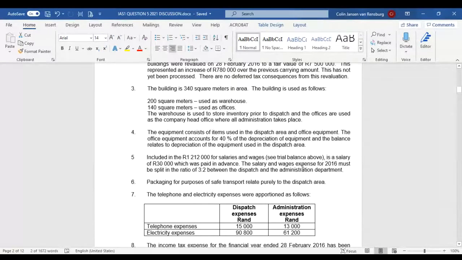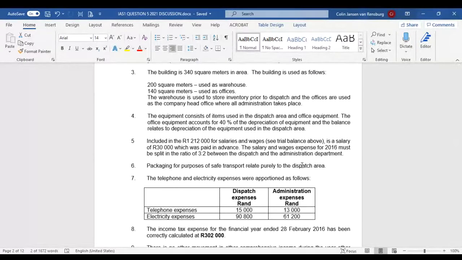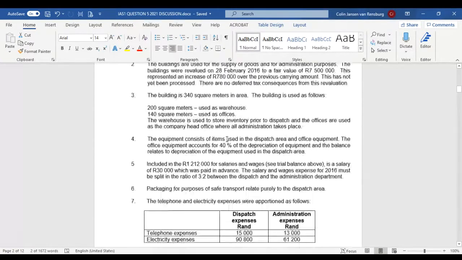So that would be a good estimate. The larger area being used, you may find they use more. They've got more lights. The larger area has got more air cons. The larger area has got more machinery that runs on electricity. So that would probably have been a good basis to use.